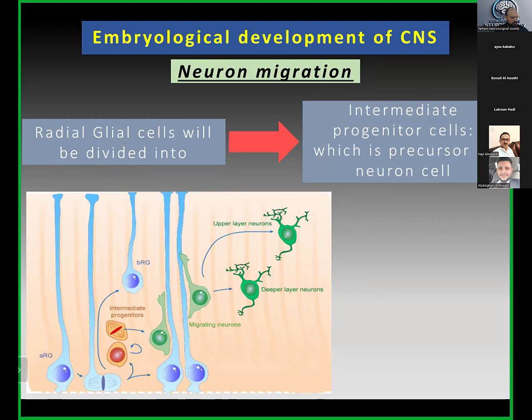So this is the migration of the neurons from the paraventricular and paraspinal canal to the cortex. So this intermediate progenitor will be differentiated and specialized to bipolar cells. These bipolar cells migrate along the glial cells to the basement at the cortex.